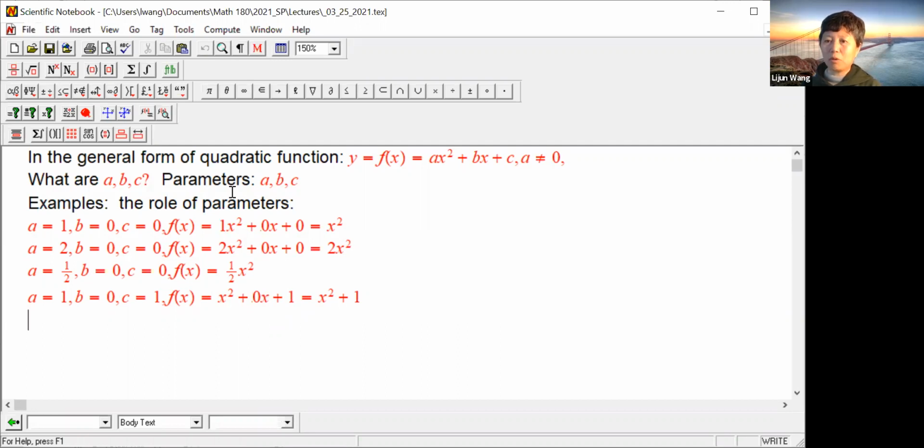So we see how the parameters can be assigned values. A equals 1, B equals 0, C equals -1. Give me that quadratic function. And more: A equals 1, B equals 2, C equals 1.